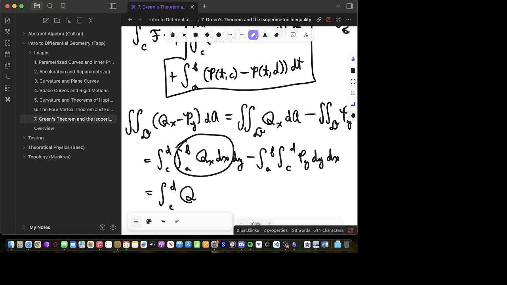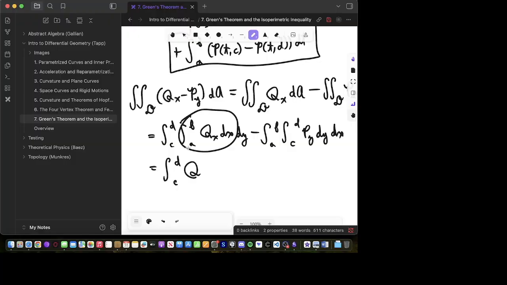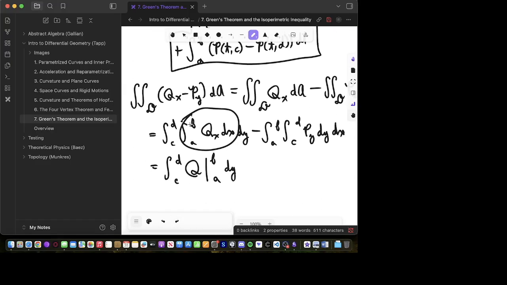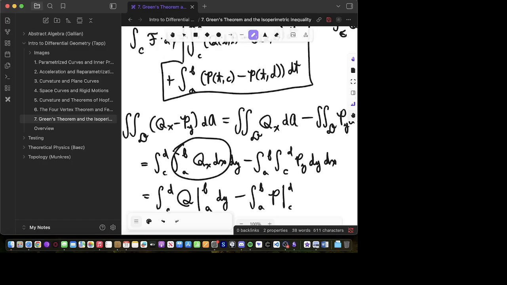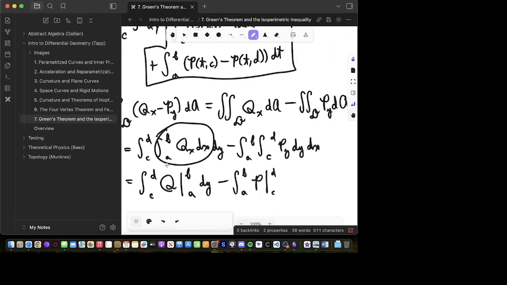I think I'm doing this right. Yeah, q, and from b to a, which is basically this. It's just different notation. Minus p from c to d, like that.